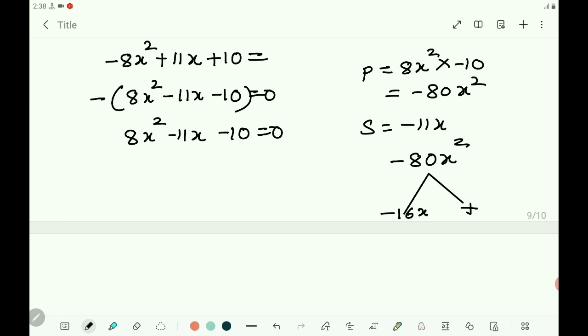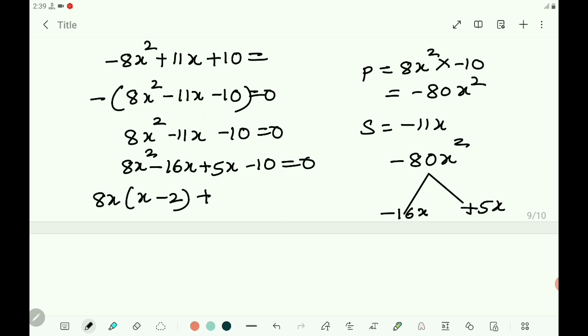Minus 16x plus 5x: minus 16 plus 5 is minus 11, and minus 16 into 5 is minus 80. Then you write 8x square as it is, minus 16x plus 5x minus 10 equals 0. Out of these, write 8x into x minus 2 plus 5 into x minus 2 equals 0.